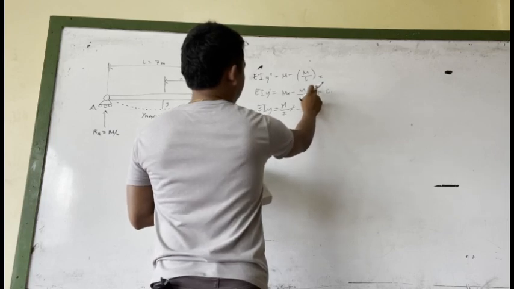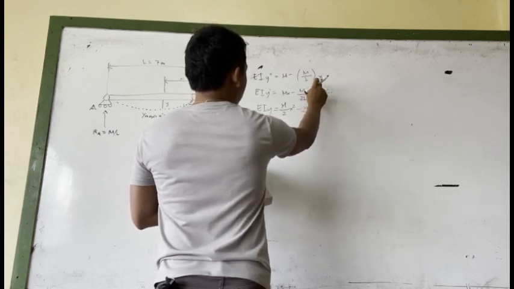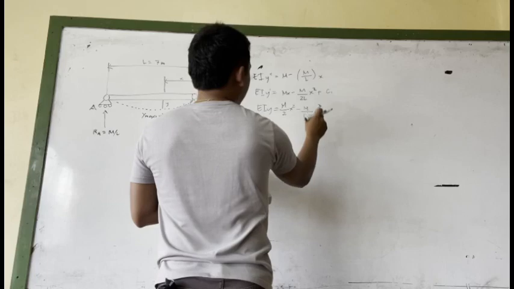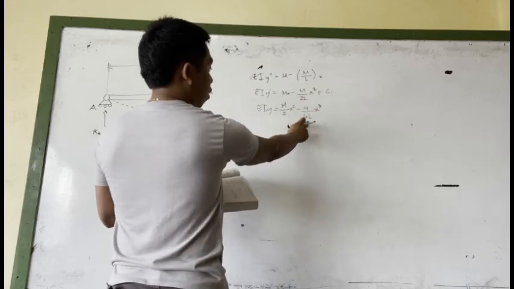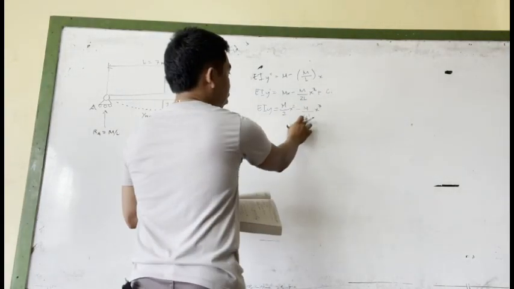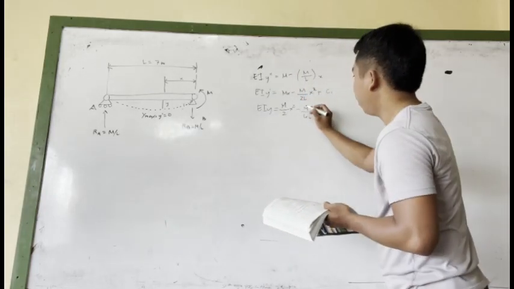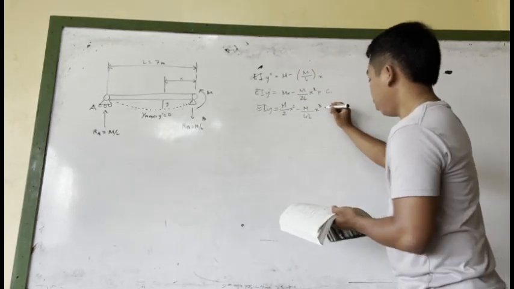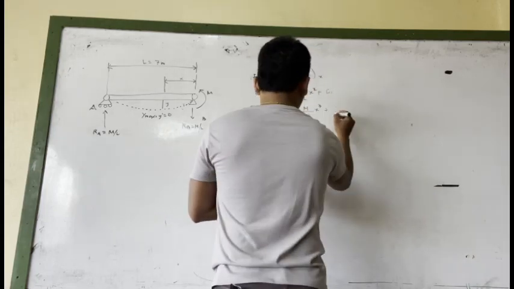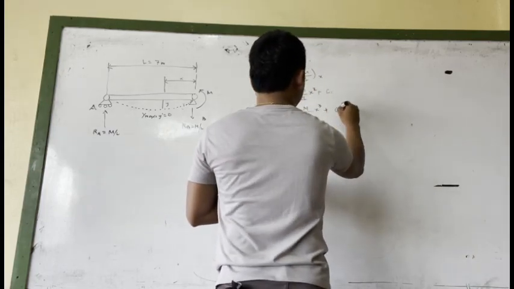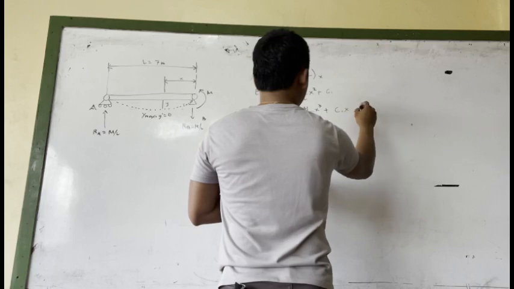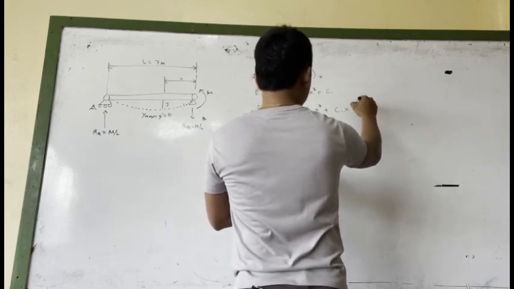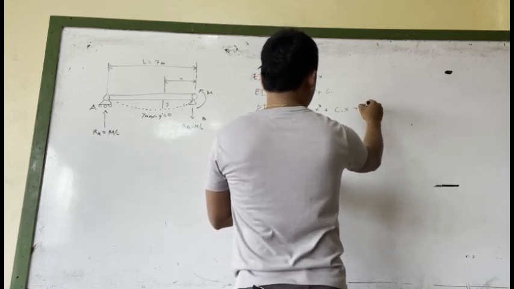For the next term, we add 1 to the exponent, so it will be 3. And 3 multiplied with 2L of the denominator makes it 6L. Plus C1 integrated, which will become C1x plus C2.